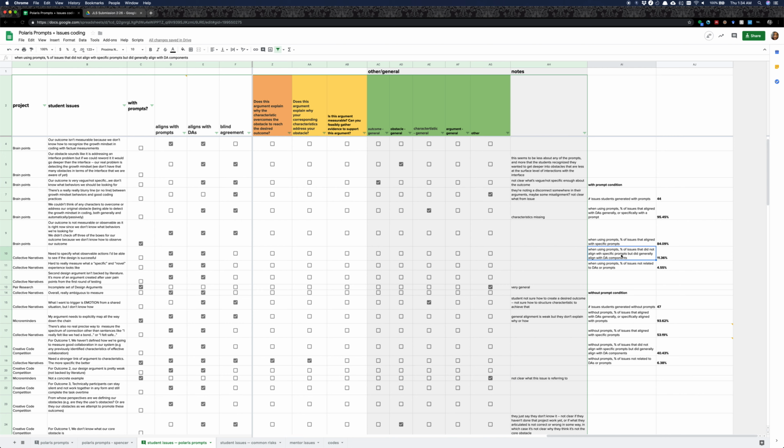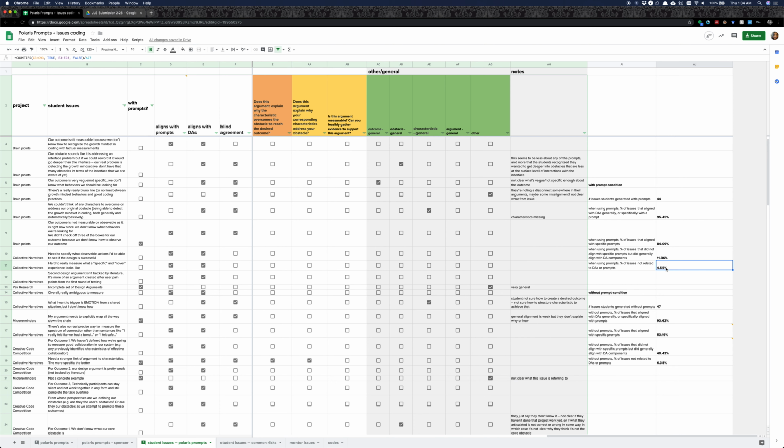In the with prompt condition, just 11% of the issues that students generated fell into these other general categories, where the issue was generally related to the design argument but wasn't connected to a specific prompt, or was something else entirely. And the something else entirely was quite small, just around 4% of the issues.